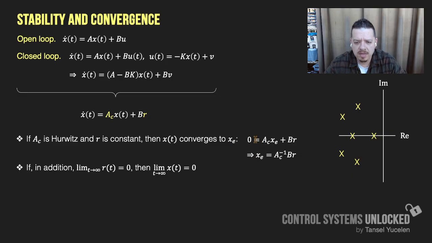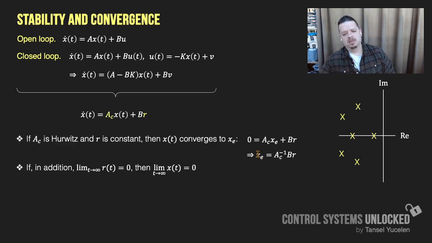And if you multiply both sides by A_c inverse, and A_c is invertible because it is Hurwitz, and when it is Hurwitz, it contains all negative eigenvalues. For a matrix to be not invertible, it has to contain the zero eigenvalue. But since it is Hurwitz, all the eigenvalues are here. There is no zero eigenvalue, so I can invert and I can explicitly calculate where this system converges.